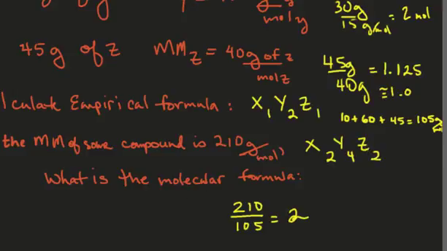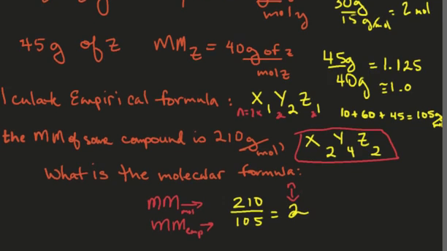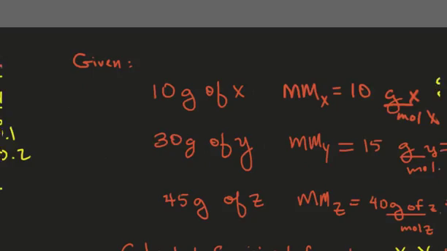Well, I took the molar mass of the molecular formula and divided by the molar mass of the empirical formula. That gave me this whole number. I took that whole number times each one of these subscripts to get this molecular formula.